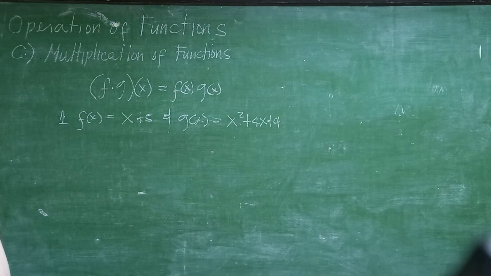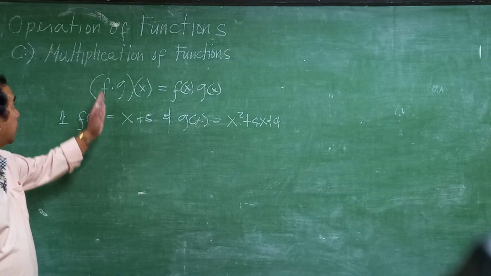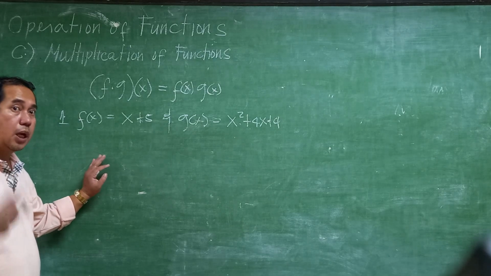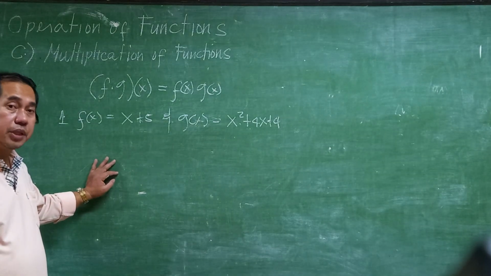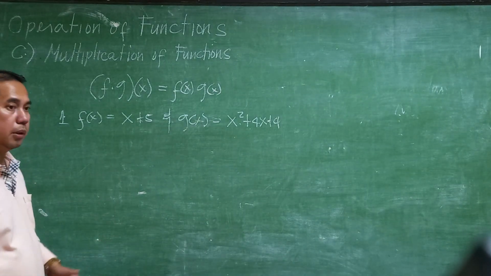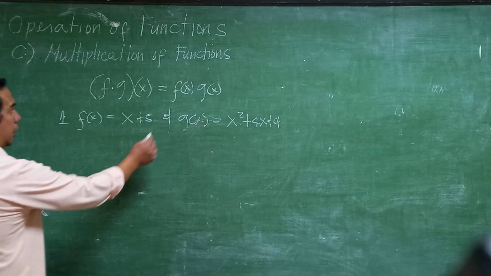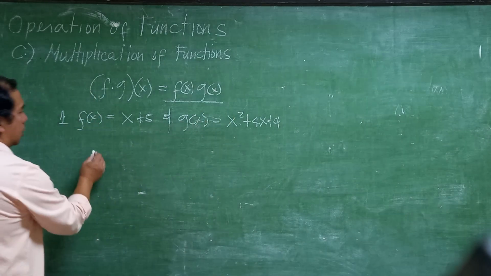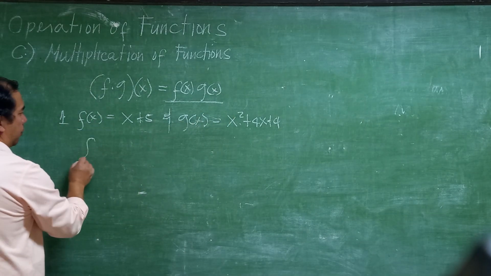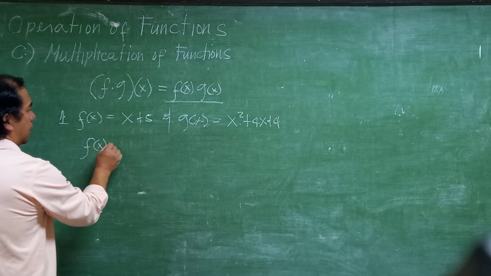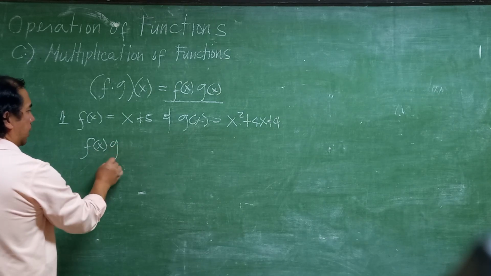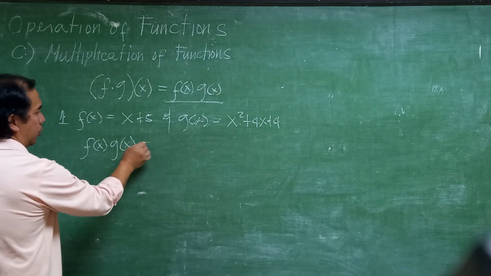So to get the product in here, we need to recall not only the laws of exponent but the distributive property. That is the same as saying we found this one. Okay? So what would be the product of f of x multiplied by g of x? So we follow this pattern.